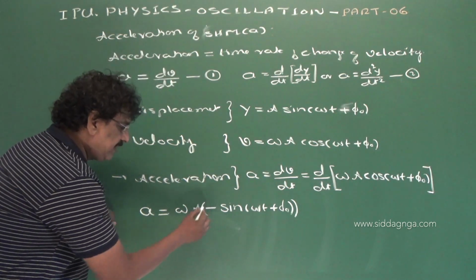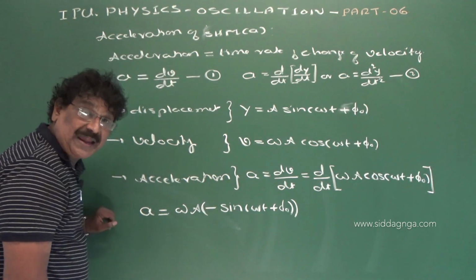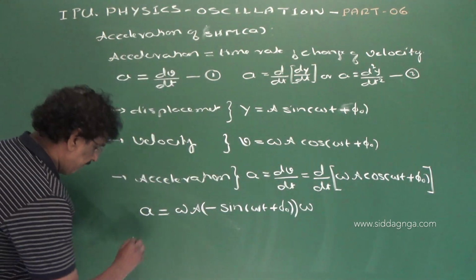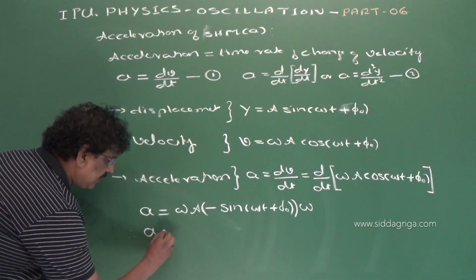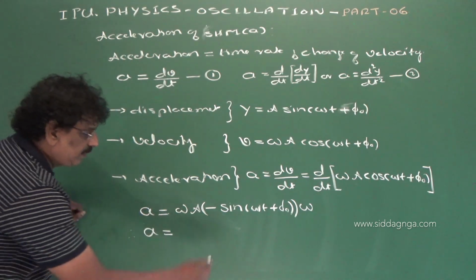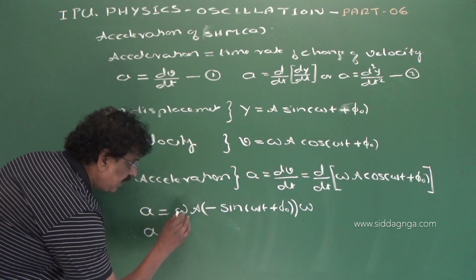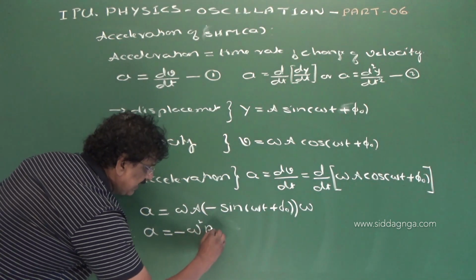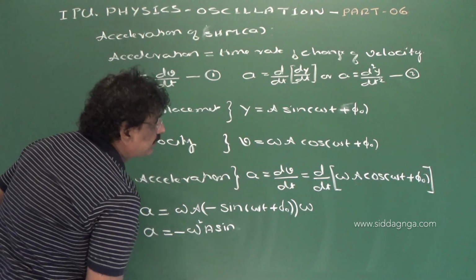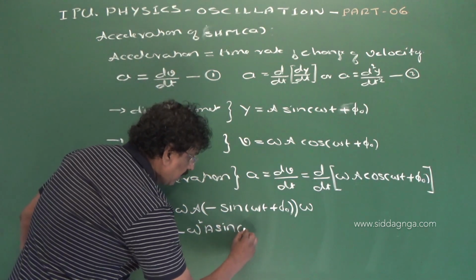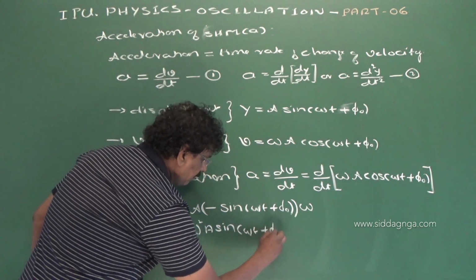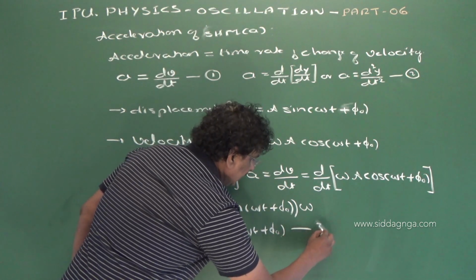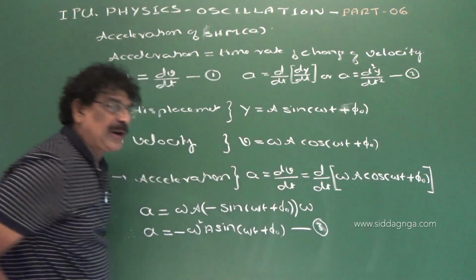So when we differentiate this with respect to t, we will get omega. Therefore acceleration a is equal to minus omega into omega square a sin(omega t plus phi naught). Let us take it as equation 3.